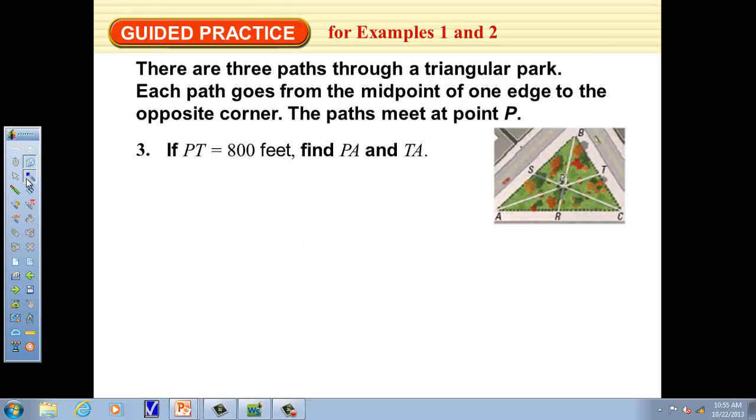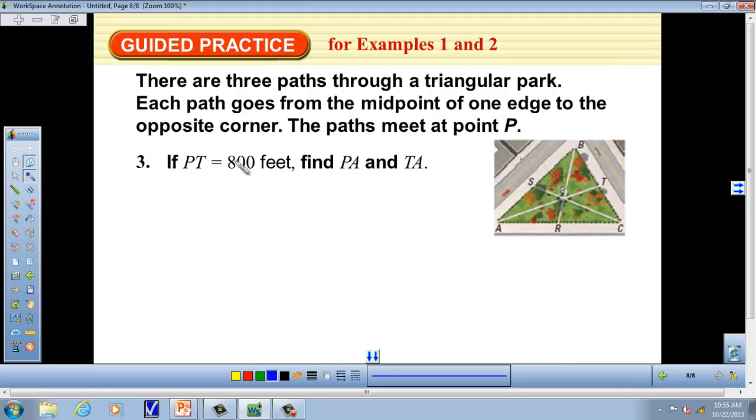For the last part of this, we've got PT. PT is from here to here, and that's 800 feet. So remember, I would cut the longer side in half. That would make this 800, and this also 800.